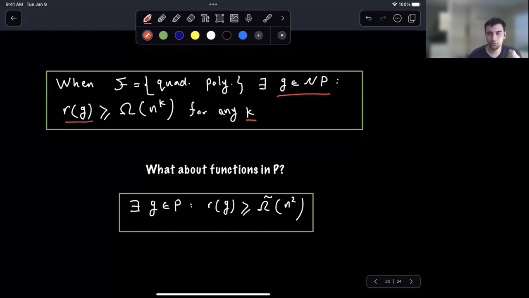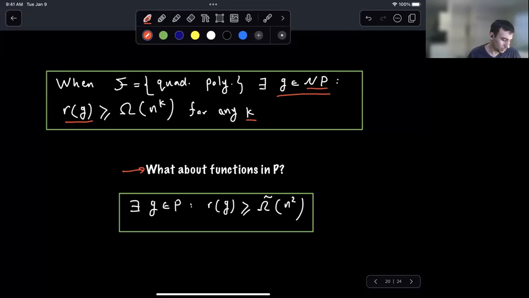So for any polynomial, you can find a function for which you need that many quadratic terms to represent it. But it was an open question whether you can replace NP by P. Can you find some function in P, which you can compute in polynomial time, and you still need a lot of quadratic terms to represent that function?